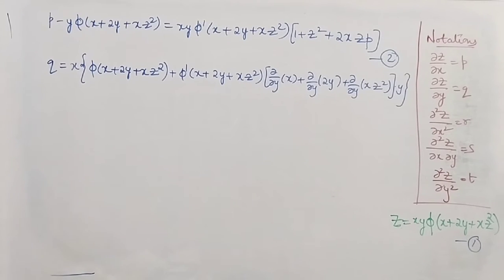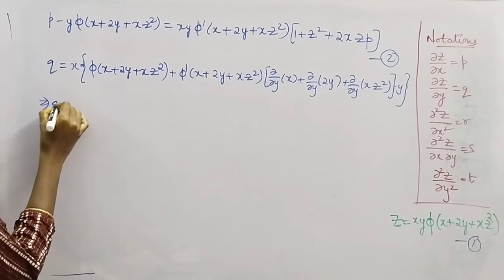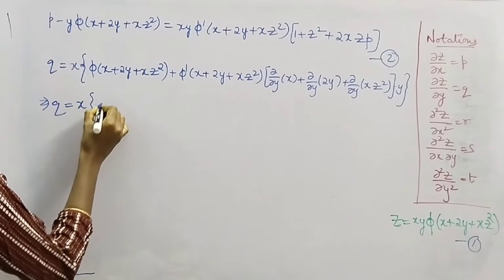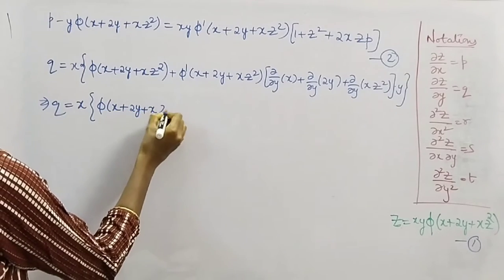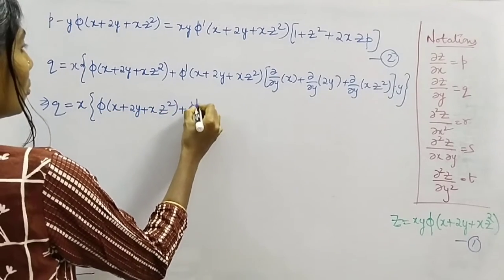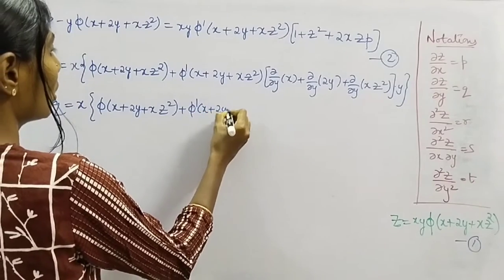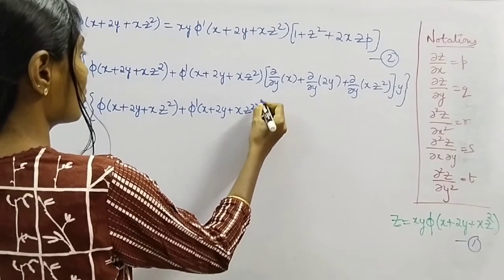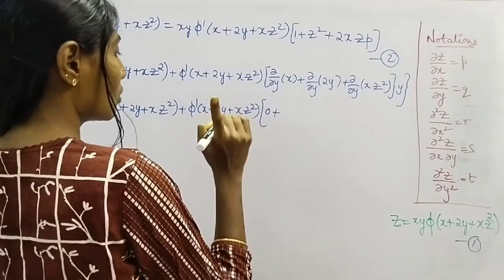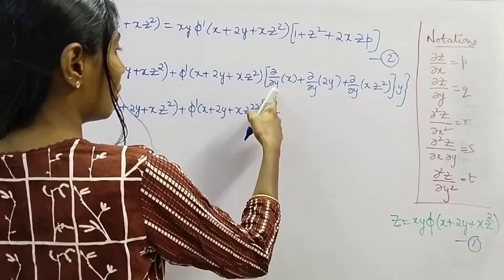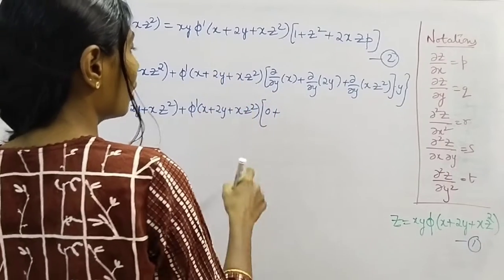Now this gives us q equal to x times phi, that is phi of x plus 2y plus xz square plus phi dash of x plus 2y plus xz square into partial derivative of x with respect to y is 0, since x is treated as constant, because we are partially differentiating with respect to y.